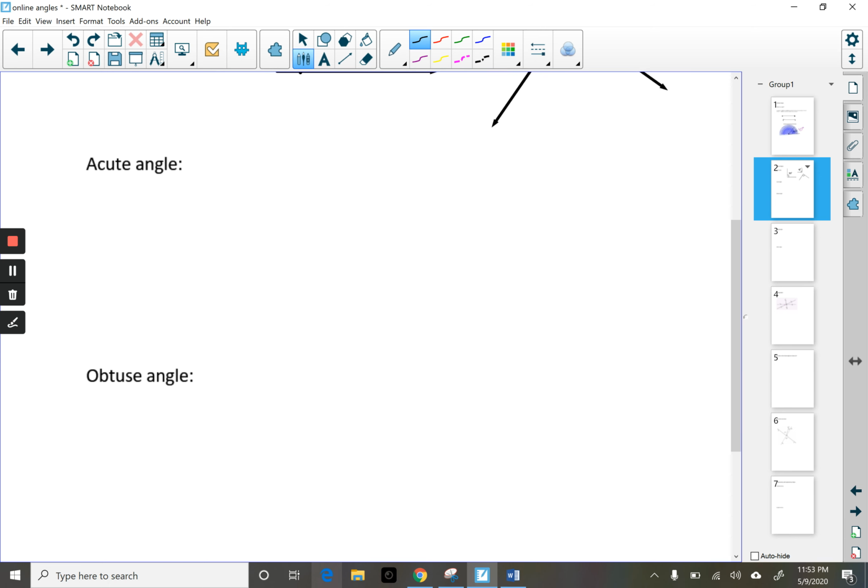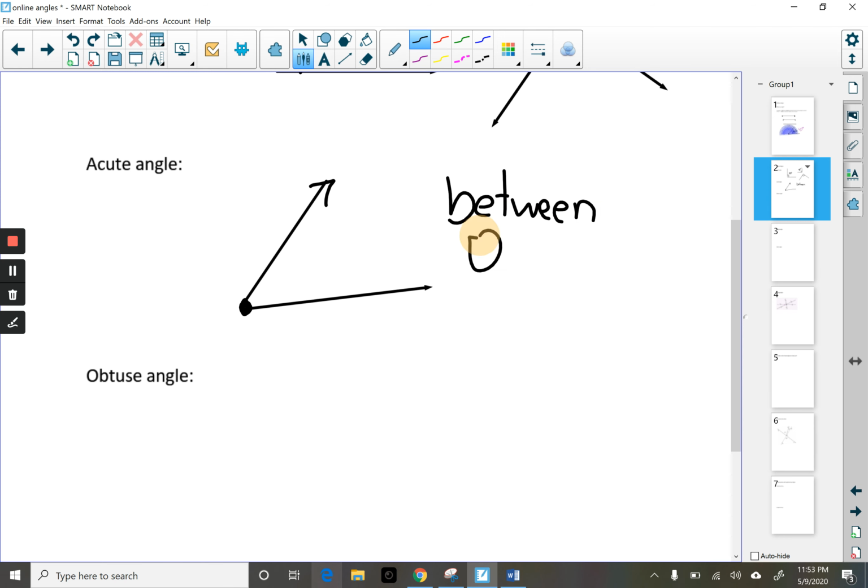This is something that is smaller than 90 degrees, so I always like to use the example of things that are little are cute. So we have an angle right there. That is an example of an acute angle. This one right here, I could measure it. It would be somewhere between 0 and 90, not either one of those.